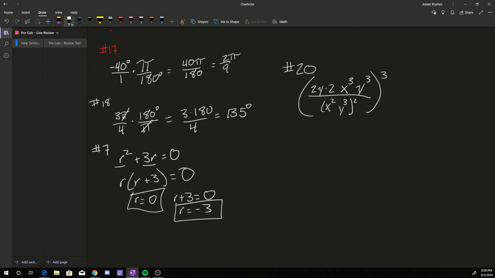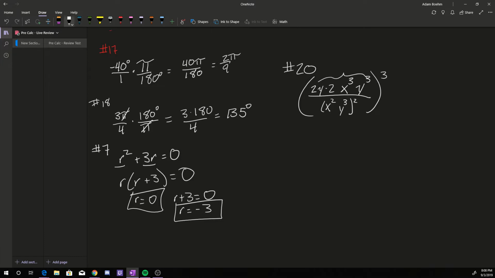Number 20 is asking to simplify that mess into something simpler by using the properties of exponents. So I think most of the properties are going to be used. The way I do this is to start up top in the numerator.